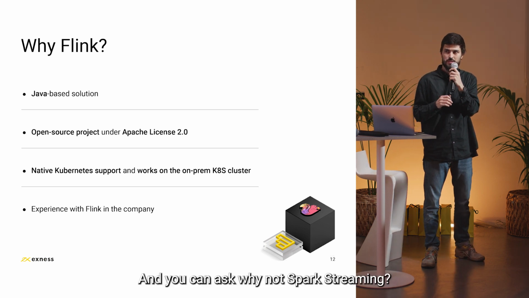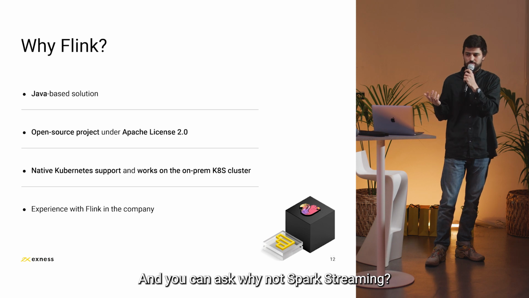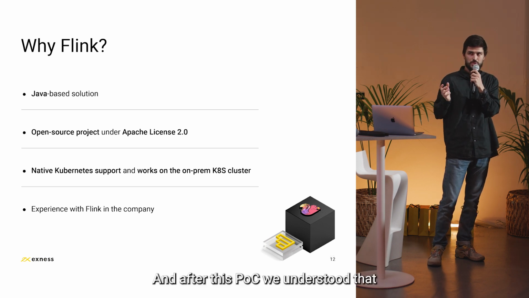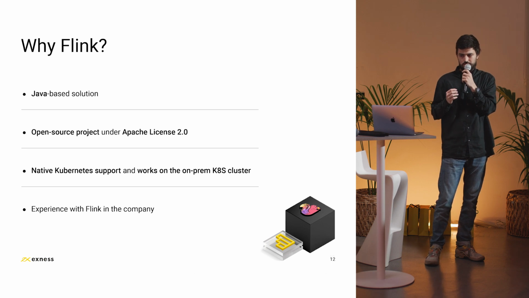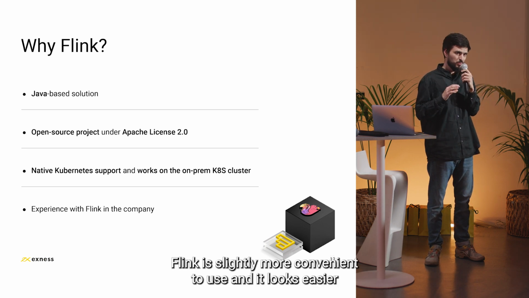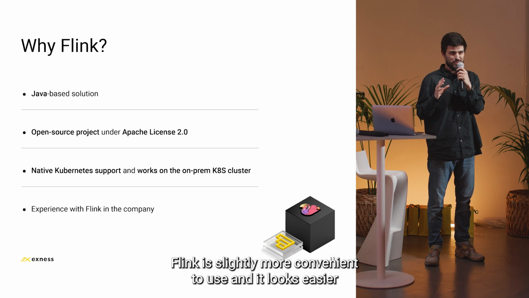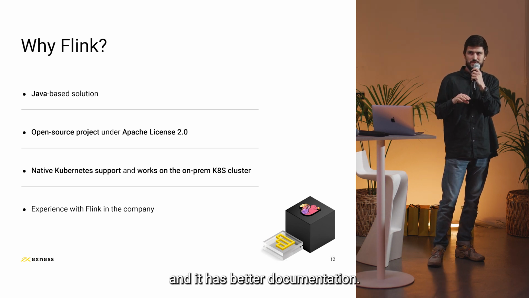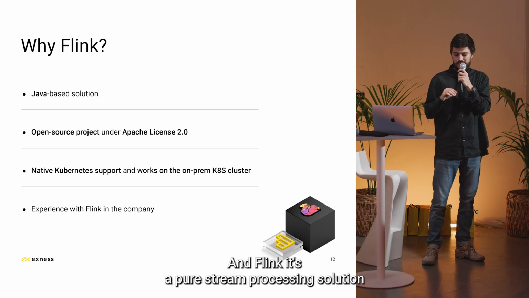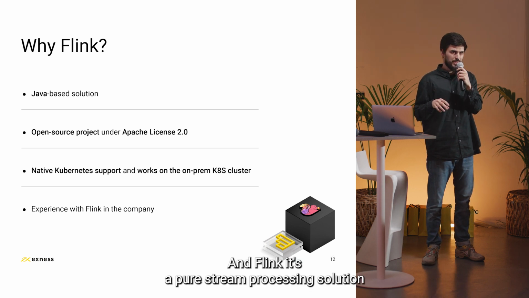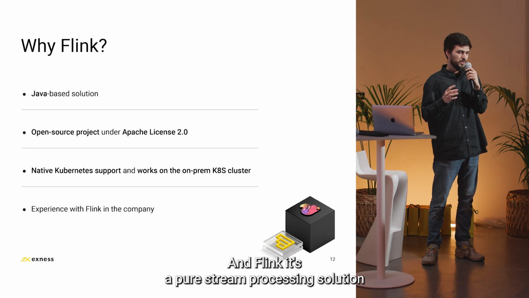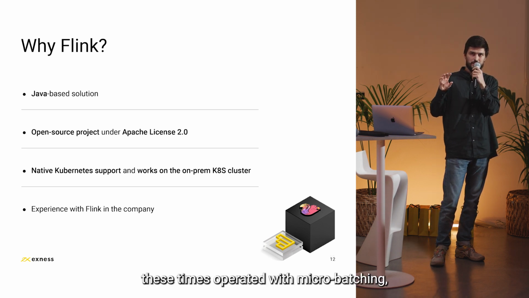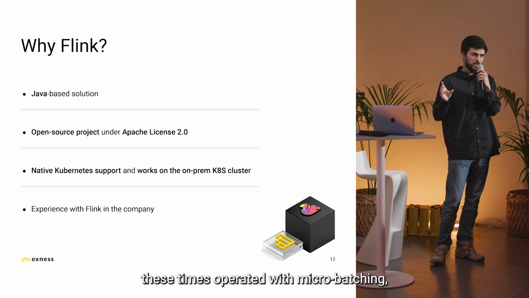And you can ask, why not Spark Streaming? After this POC, we understood that Flink is slightly more convenient to use, it looks easier, and it has better documentation. And Flink is a pure stream processing solution. And Spark Streaming, these times, operated with micro-batching.